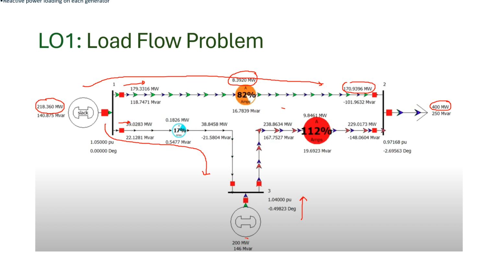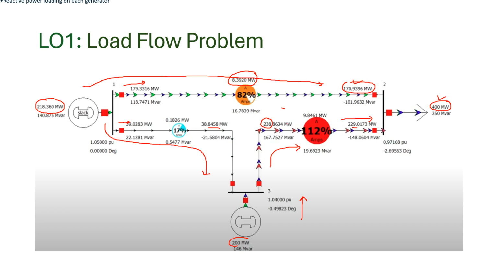So 200 plus 38, 238 megawatt power flows through this, and then 229 plus 170 will meet your requirement of 400 megawatt.